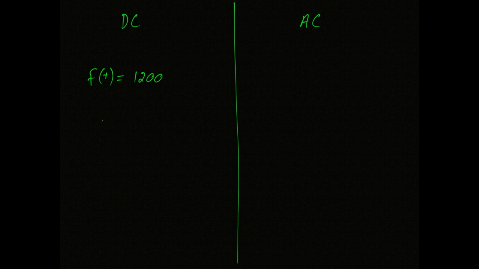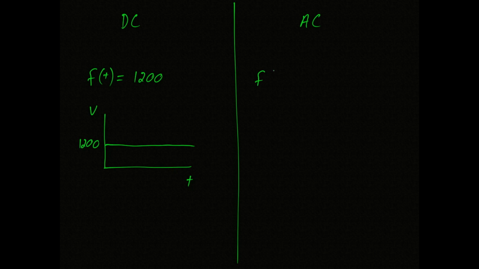If we were to plot that out, it would look like this. We would have time on this axis and voltage on this axis. Here, f of t is equal to 1200, which means for all time, the voltage will be a constant 1200 volts.